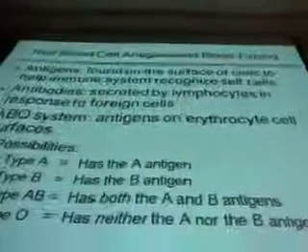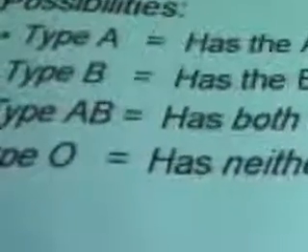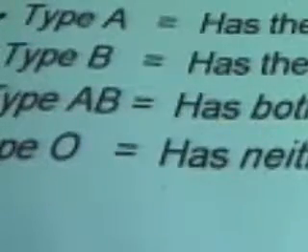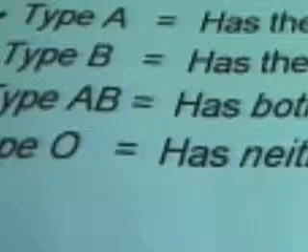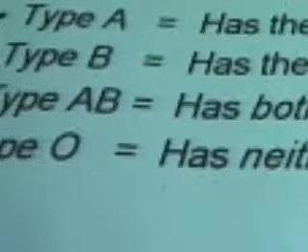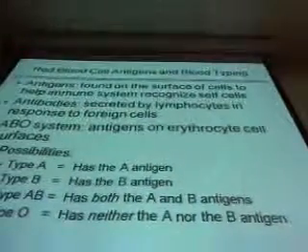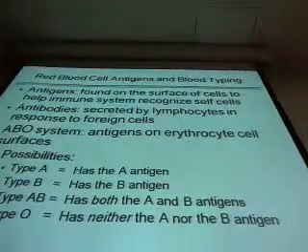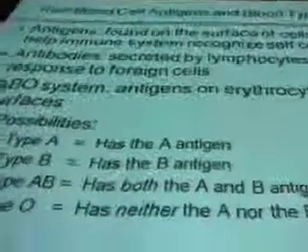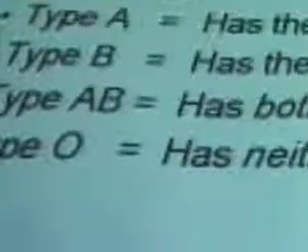So, if I have an antibody for the hepatitis virus, at some point my body has been exposed to a hepatitis virus in order to make an antibody against it. The antigen is the hepatitis virus. The antibody is the hepatitis antibody.